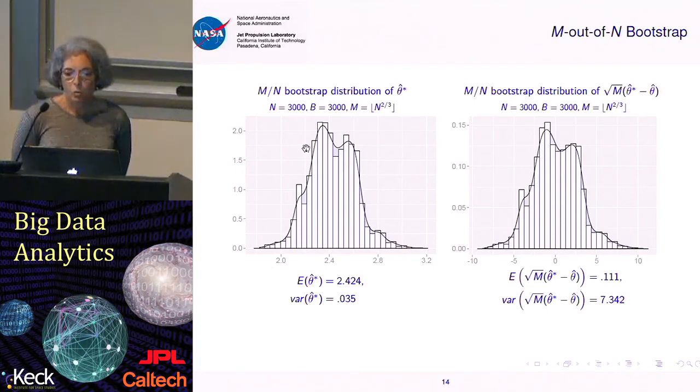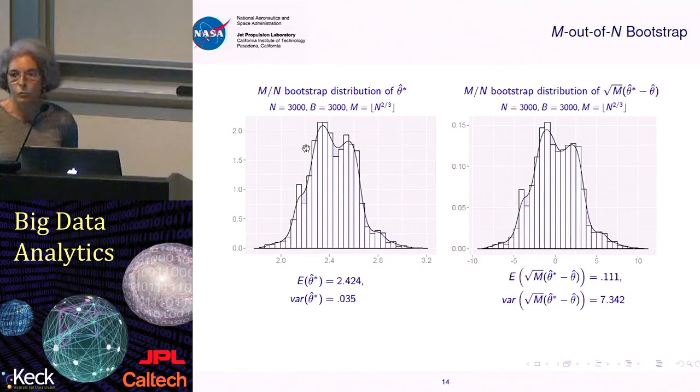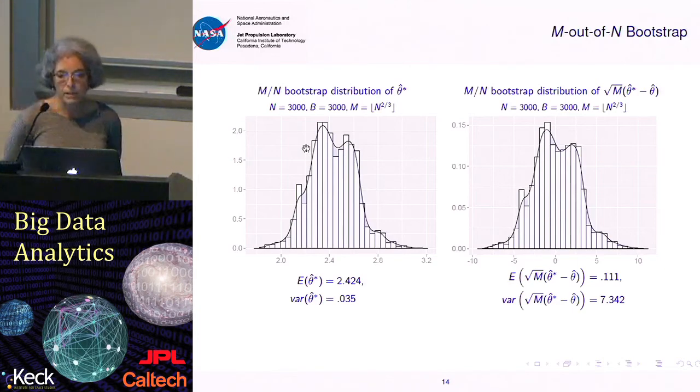And what we'll see is that while that second mode hasn't been eliminated, it has been somewhat reduced. So the distribution is looking a little more symmetric, which is a good thing, but maybe not quite symmetric enough. The bias has been reduced to 0.111 here, and the variance has been reduced considerably.